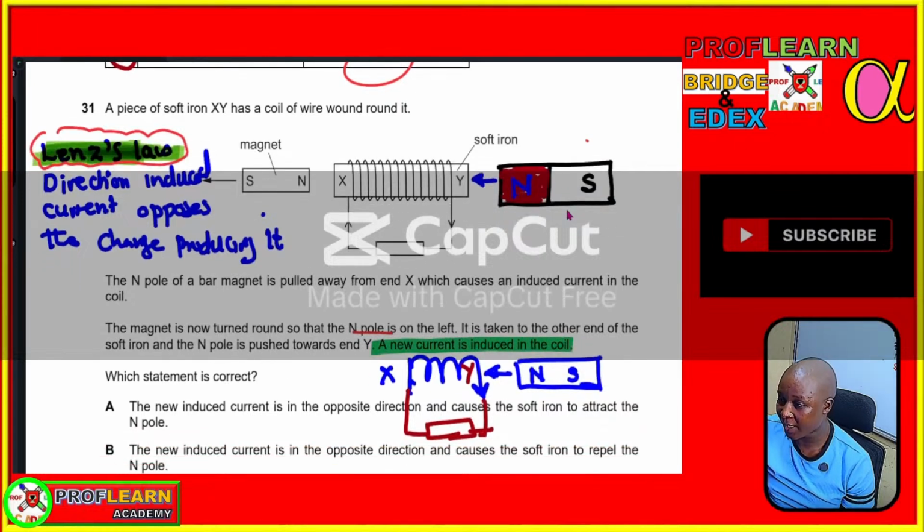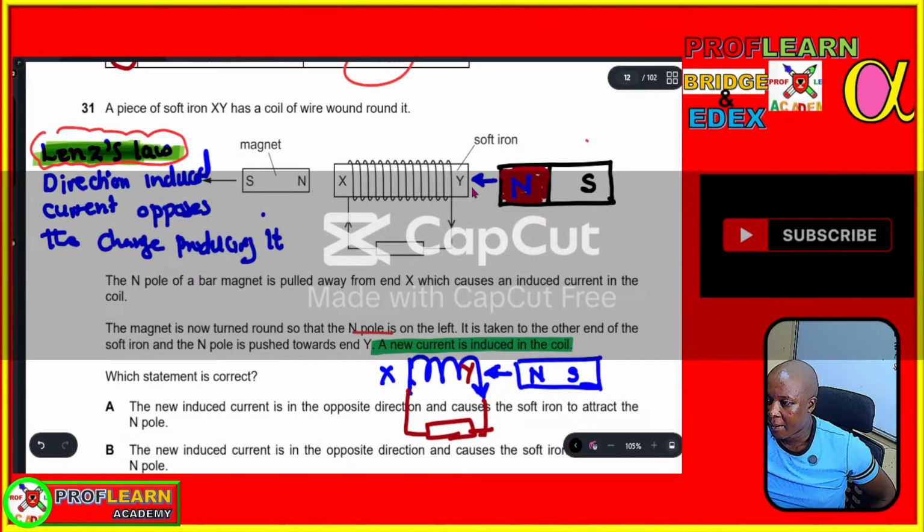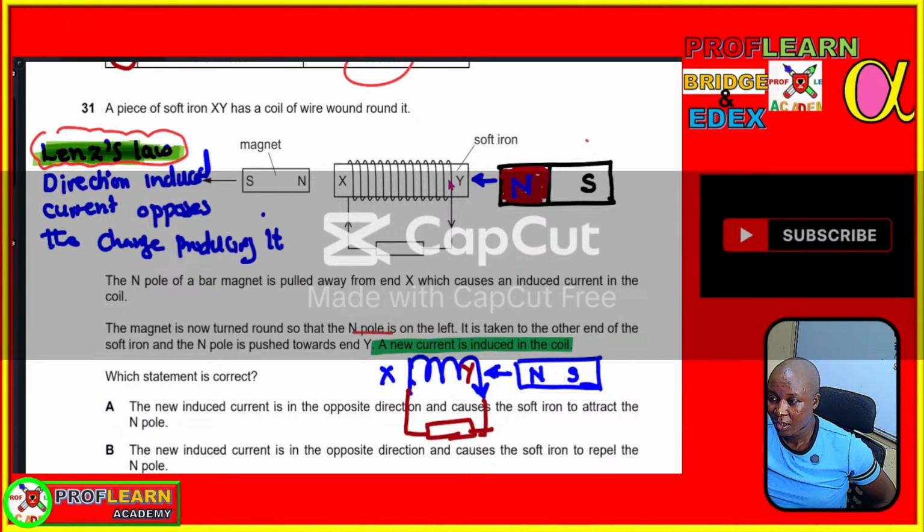Then a new current is going to be induced. Something you need to remember: the induced current is going to act in such a way that it opposes the change causing it. So you are going to use the right hand grip rule.